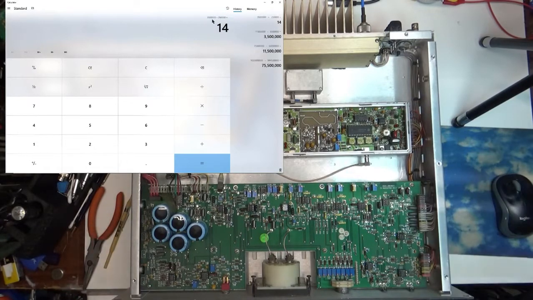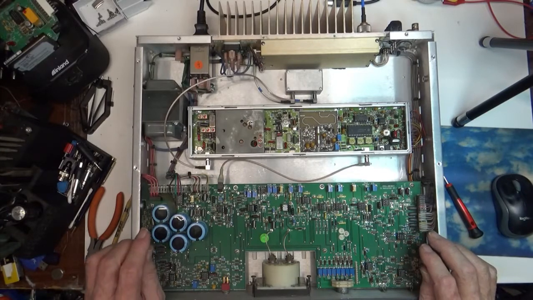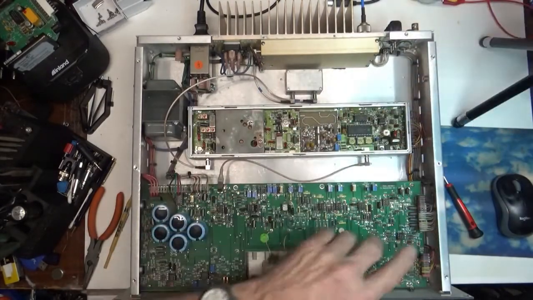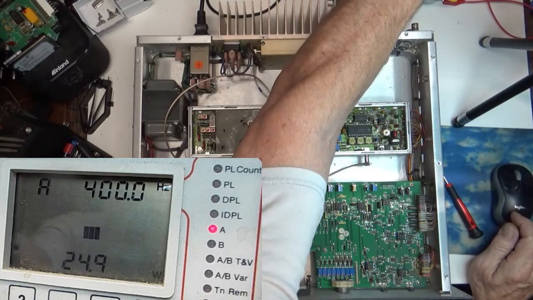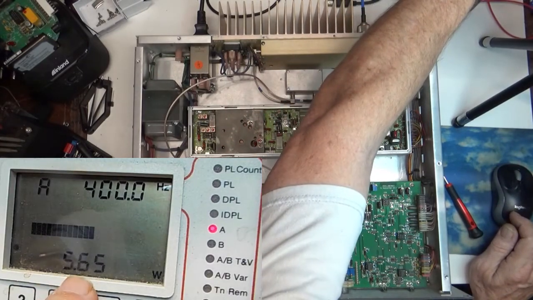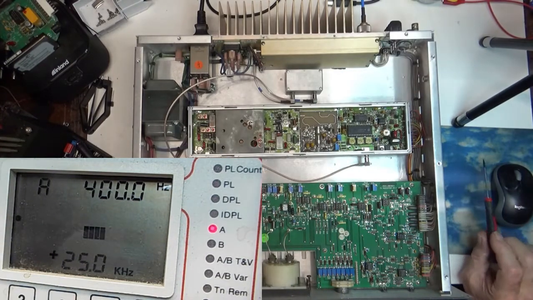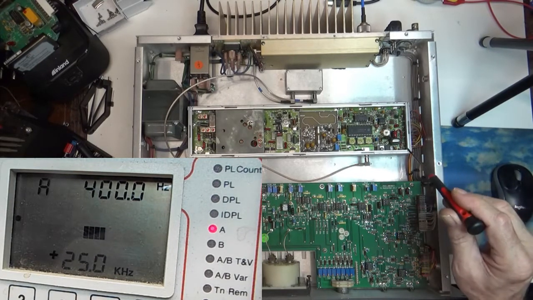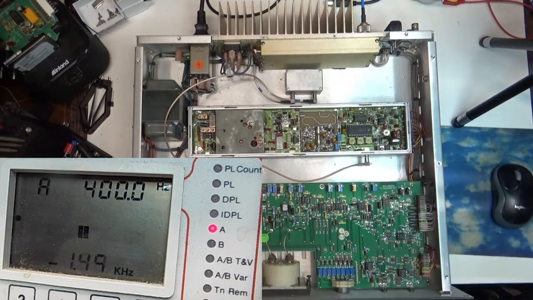Okay, so let's turn this thing on to transmit and take a look at our machine here. Put it on power. We got 5.6 watts, and our frequency error is 25 kilohertz high. Well, interesting. If we've got 25 kilohertz high, then why don't we just flip this last switch down to one more, which is 25 kilohertz.